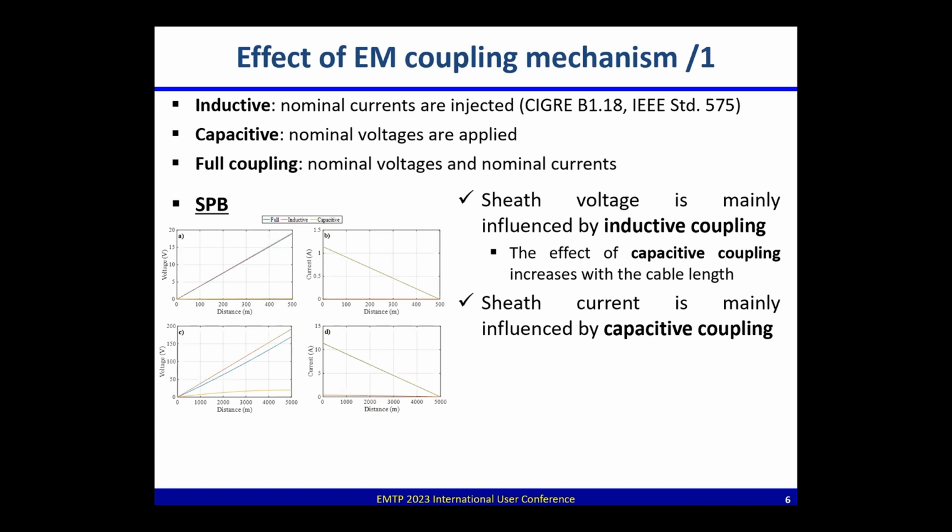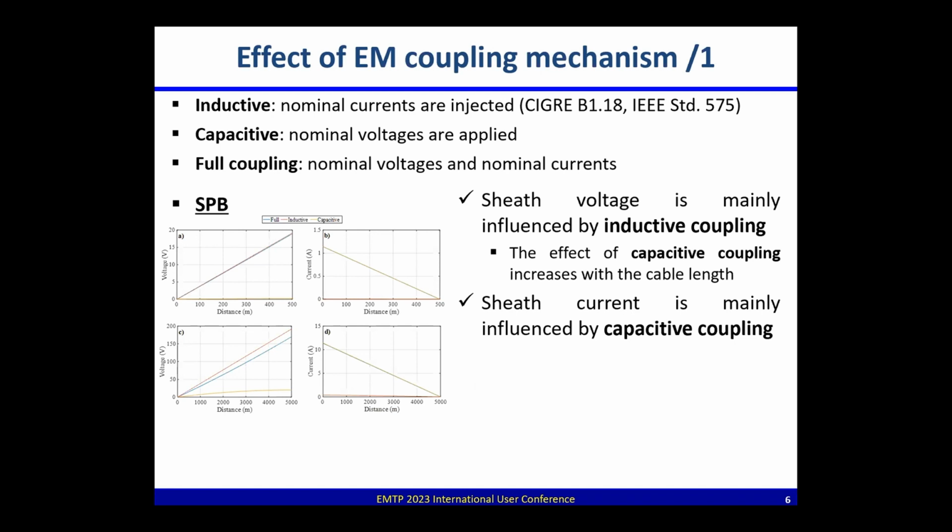So the first observation is that the sheath voltage, as we can see in figure A and C, is mainly influenced by the inductive coupling. We can see this because, let's say, the blue curve follows the red one, which is the inductive one.